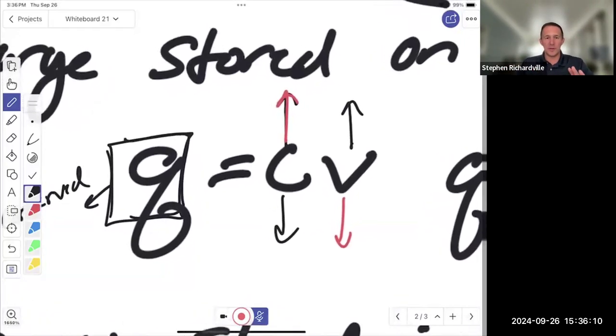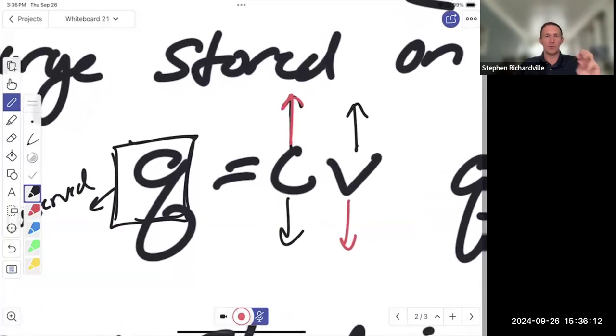Sometimes College Board will give you relationships like Q equals CV. What happens if I increase voltage? Well, if you increase voltage and the capacitance stays the same, the charge has to go up. But what if the charge is not being changed, and I change the capacitance?